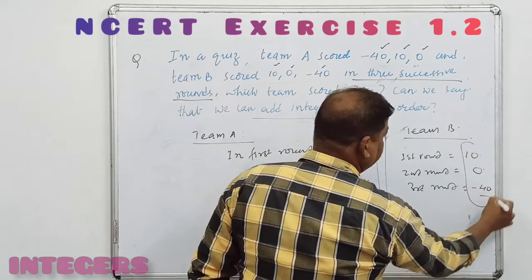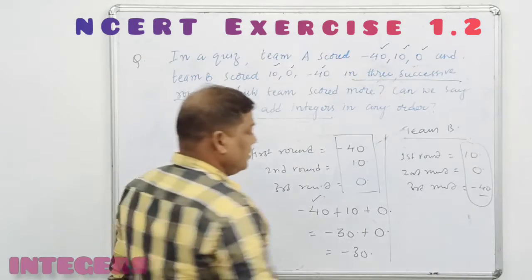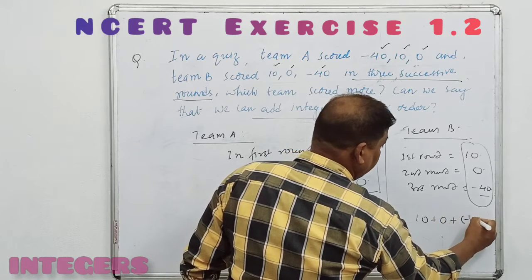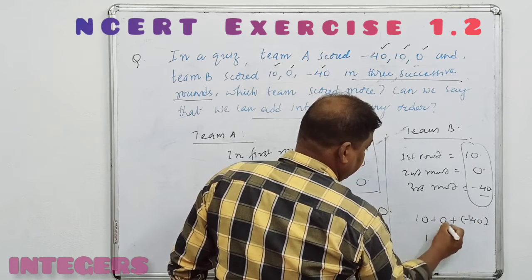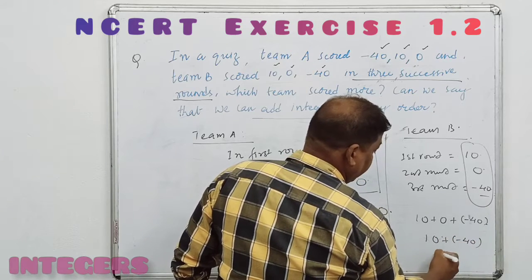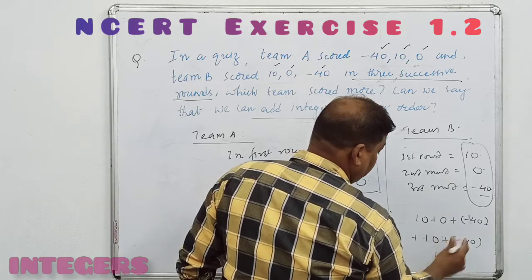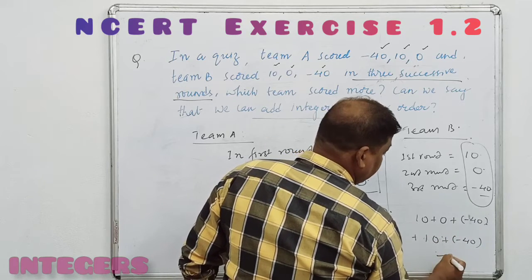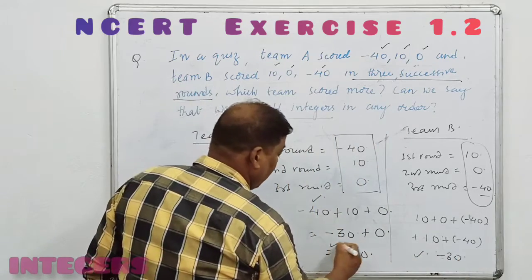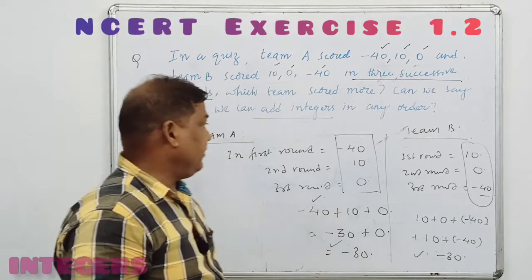Now you can add this all first round and second round and third round, that is 10 plus 0 plus minus 40. Here 10 plus 0 means that is 10, here plus, here is the minus 40, plus minus, that is the, here is the plus, here is the minus, plus minus minus 40 plus 10 means that is minus 30. So in team A scored minus 30, in team B scored minus 30.